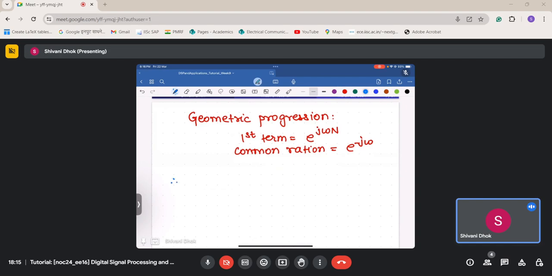Therefore V of omega is equal to the first term, e power j omega N, multiplied by 1 minus e power minus j omega to the power of the number of terms, which is 2N plus 1, divided by 1 minus e power minus j omega.